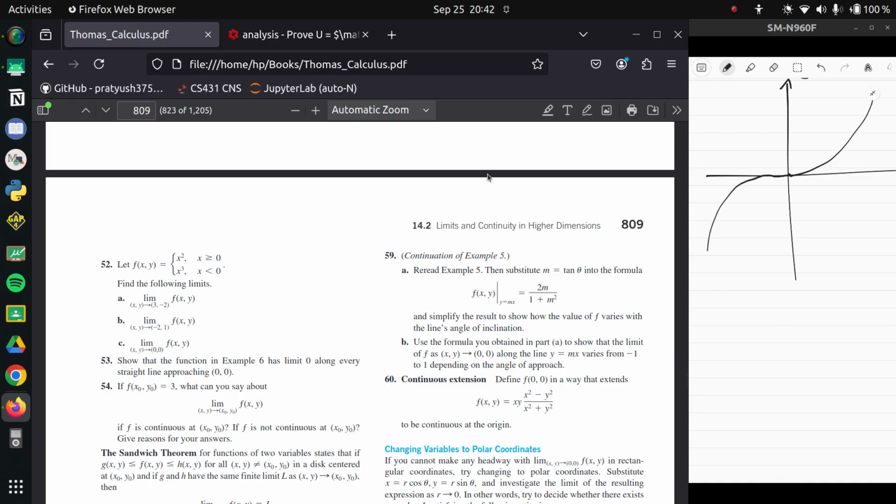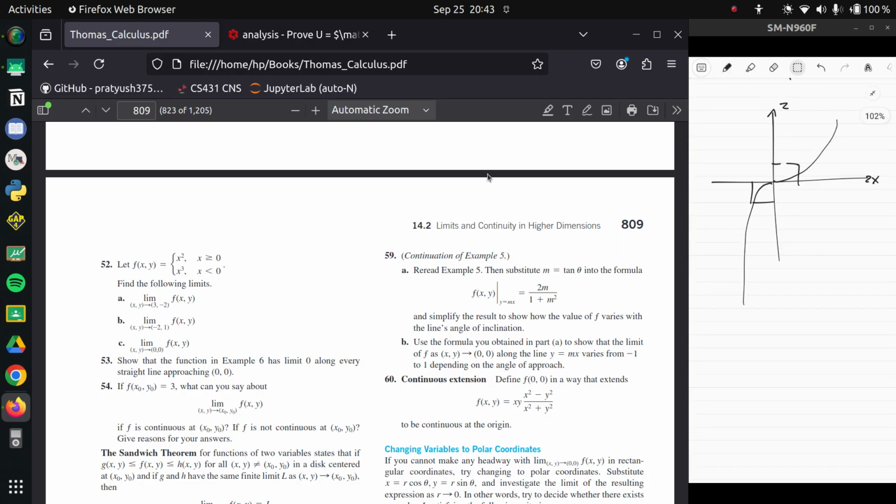Okay, so much steeper. Fine, so that's how it is.